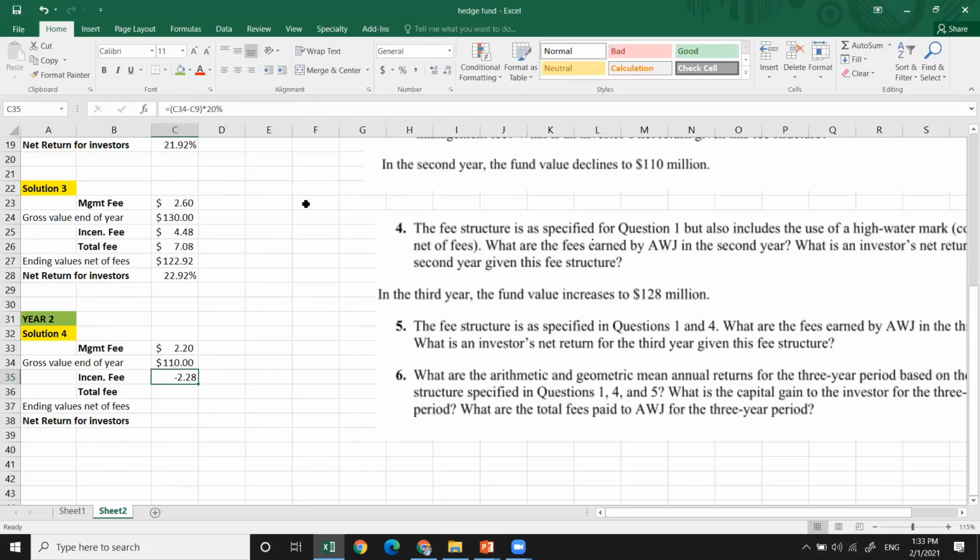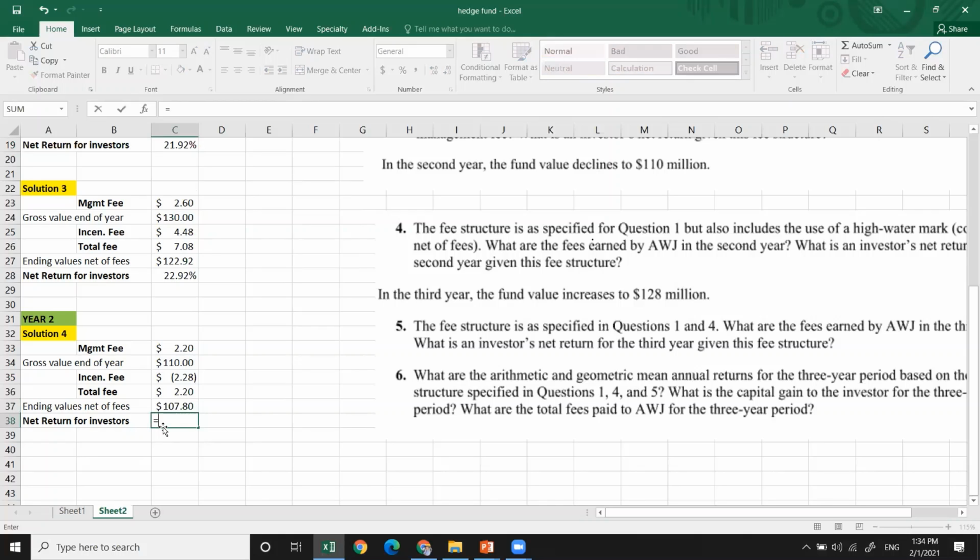So I get a negative number here. My total fee is this. I'm going to add this one because the incentive is negative, which means we don't get any incentive. So my total ending value net of fees is this minus this.